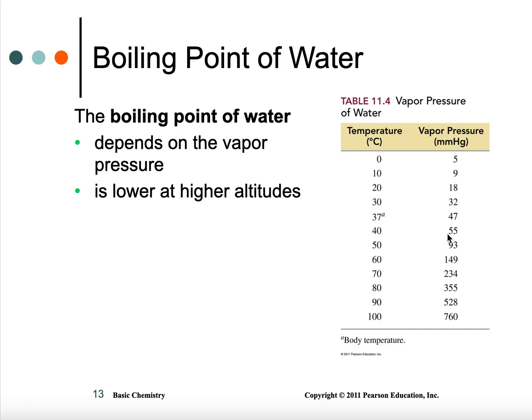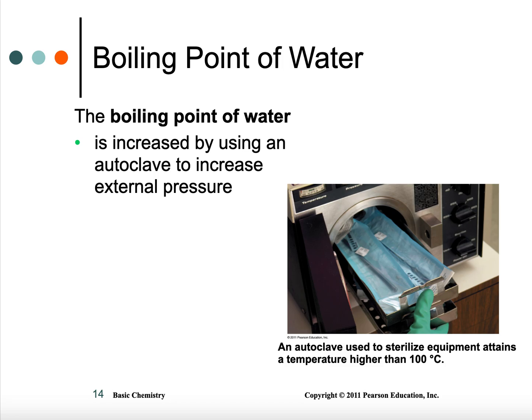And if you go all the way down to 5 millimeters of mercury, which is almost a vacuum, it will boil at the same temperature that it melts. That's why it's called a triple point. It melts from ice into liquid and boils from liquid into gas, all at the same temperature, all at 0. Pretty cool. You never knew that the universe was so cool.